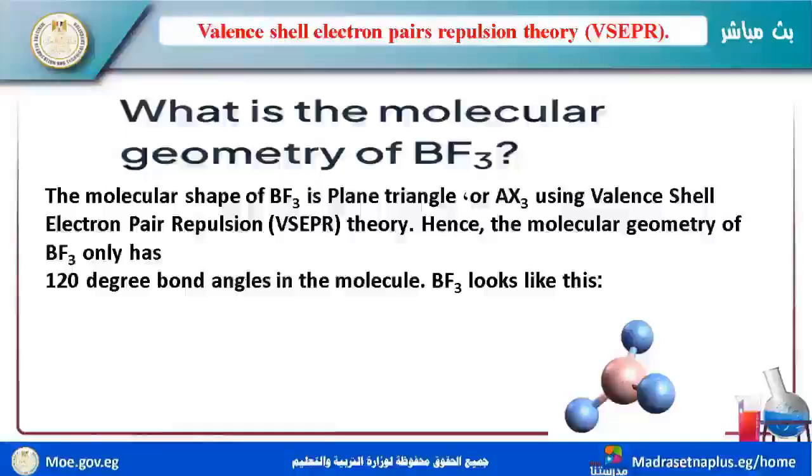Hence, the molecular geometry of BF3 has 120 degrees between these bonds. The angle in the BF3 molecule looks like this. I understand that from the repulsion, this produces 120.